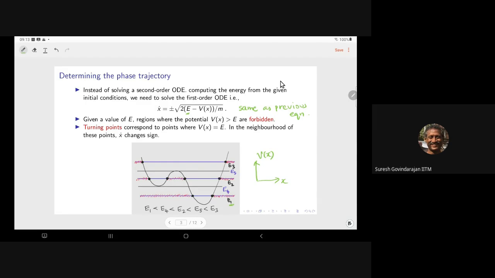The first thing you can see is that in this region, I've indicated that classically it cannot go there, because V of x is greater than E, so x dot becomes pure imaginary as a formula. What it means is that it's a classically forbidden region.